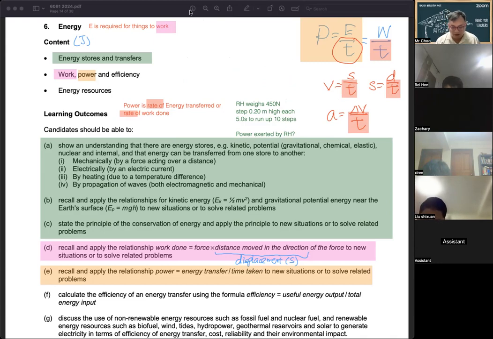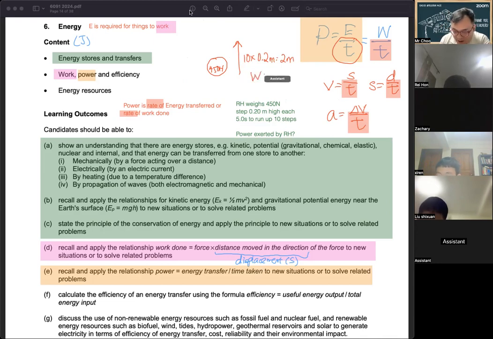So you got one person with a weight of 450 Newton, going up 10 steps. 10 steps of 0.2 meters is 2 meters. So what is the work done by Ray Hong by going up 2 meters?